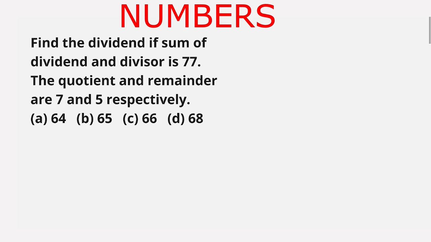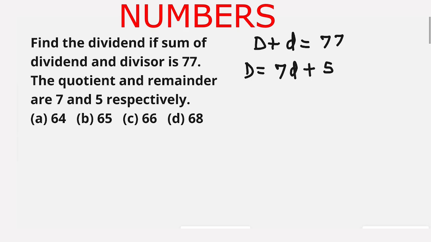Now we solve it by the conditions given in the question. The sum of dividend plus divisor equal to 77, and dividend equal to quotient multiplied by divisor, so that is 7D, plus remainder is 5.